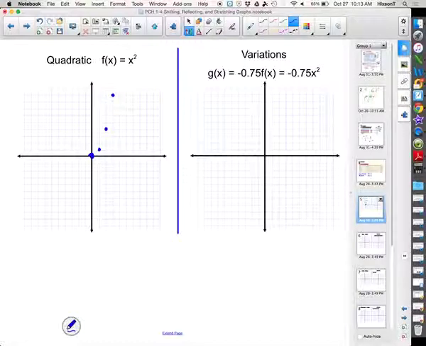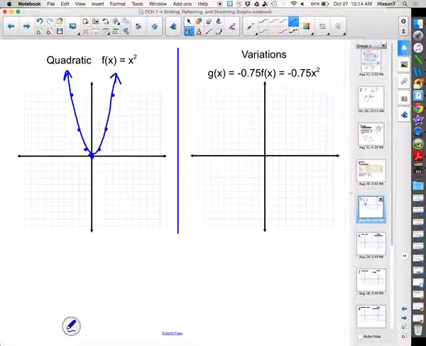Go to the negative 1, 1, negative 2, 4, negative 3, 9. And we have our parabola. You guys should be able to graph the parent functions really, really easily. The better you know those, the easier the rest of this will be.